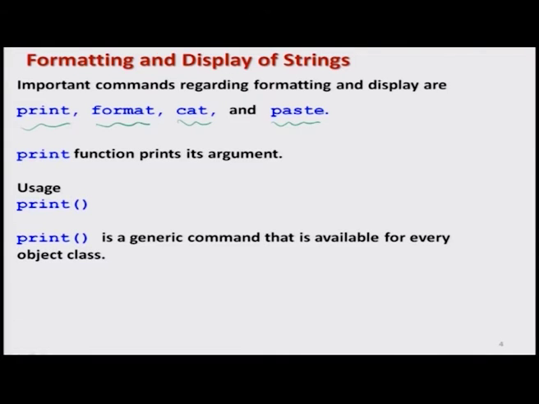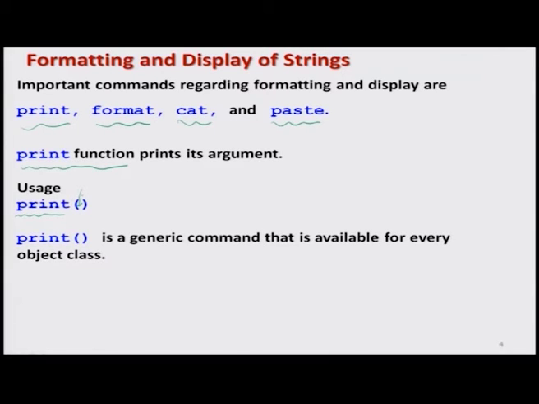So, first of all, let us try to understand how to use the function print. Print, as it indicates the meaning by its words, simple to print. Whatever I want to print, I will simply print. In order to use this print function, I have to write print, that is all in small letters, and whatever I want to print, that is indicated inside the arguments, inside the brackets.